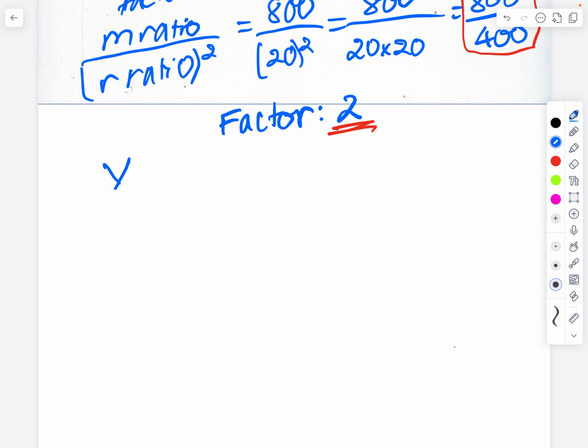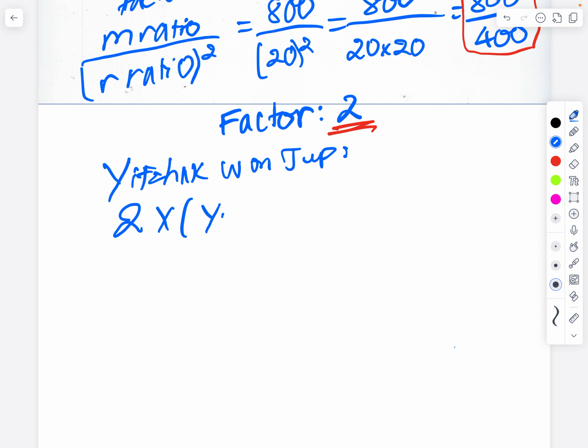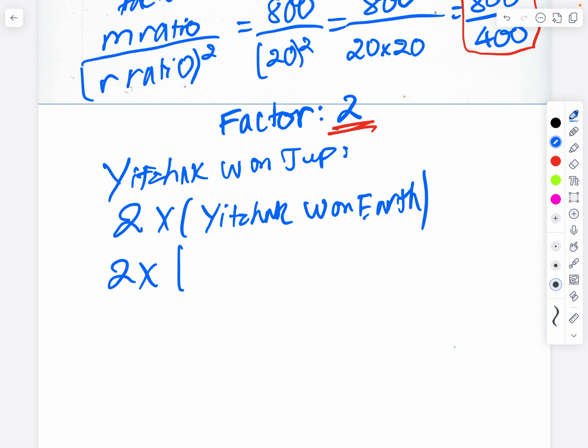So now we would write: Yitzhak's weight on Jupiter is the factor times Yitzhak's weight on Earth, which is 2 times 200 pounds.